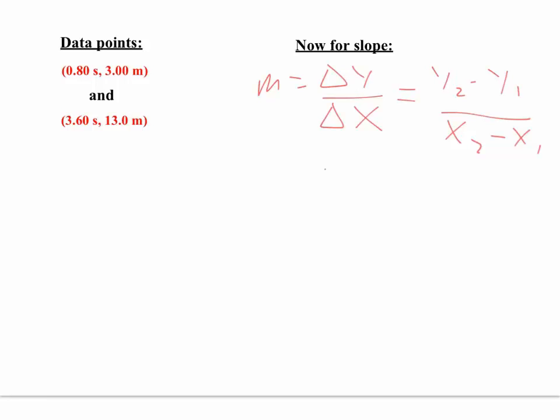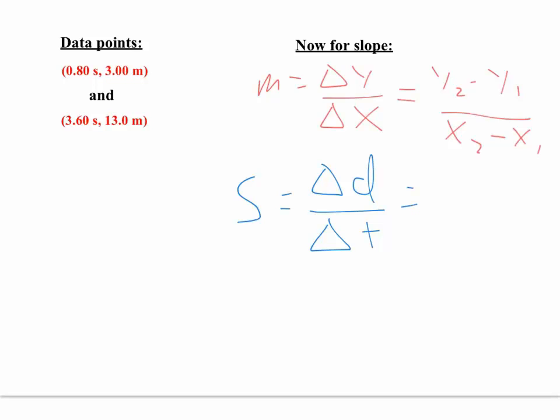On the vertical axis of our graph, it's distance, which I'm going to abbreviate as d. So when we calculate the slope of this line, I'm taking the change in distance and dividing that by the change in what we have on the horizontal axis, which is time, which I'm going to abbreviate as t. For this particular graph, the slope value is actually going to tell me something about average speed.